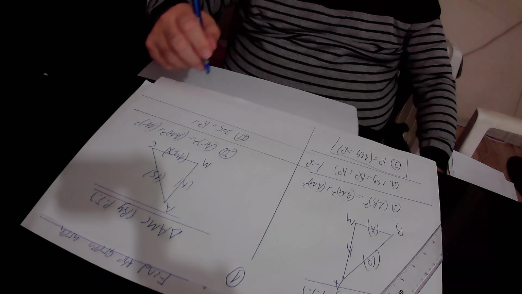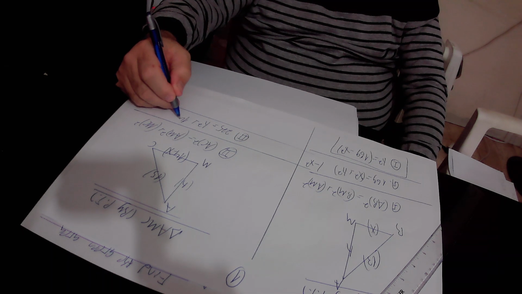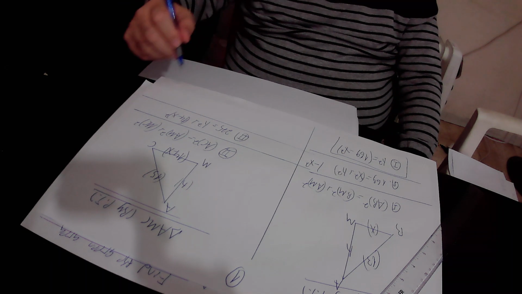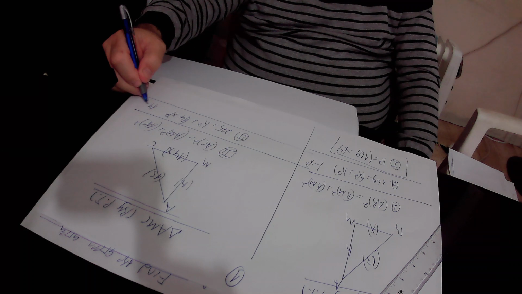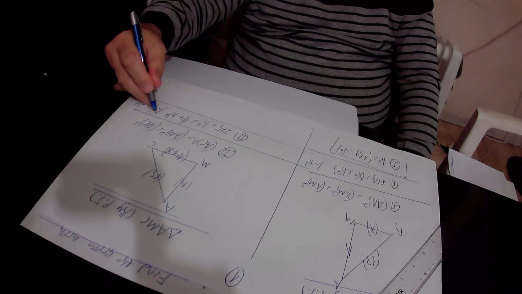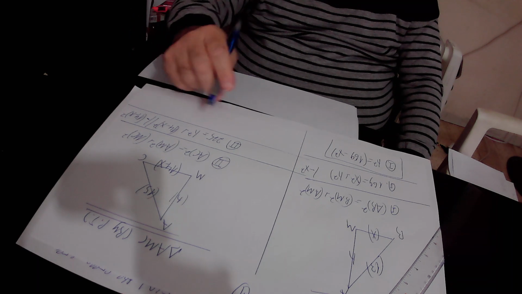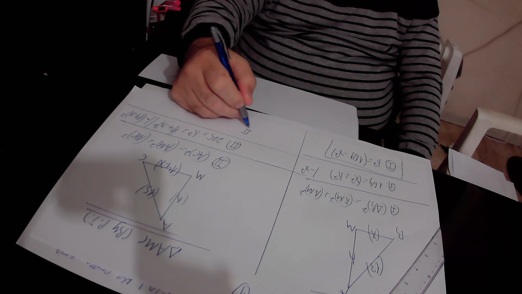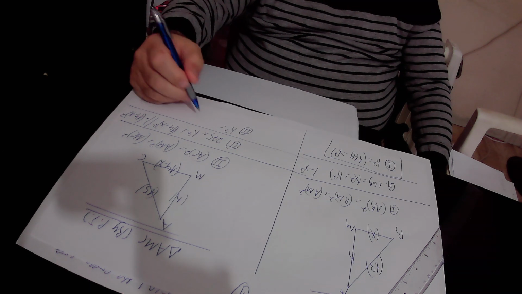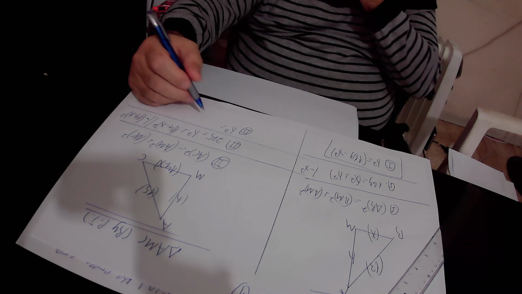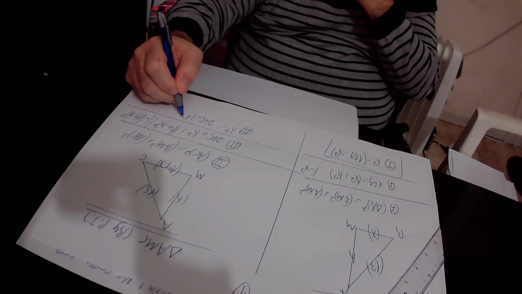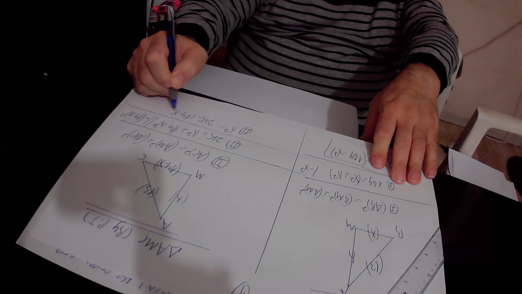MC is 14 minus x, therefore MC squared is (14 minus x) squared. So here we subtract (14 minus x) squared from this equation, and we get that according to equation number 2, h squared equals 225 minus (14 minus x) squared.